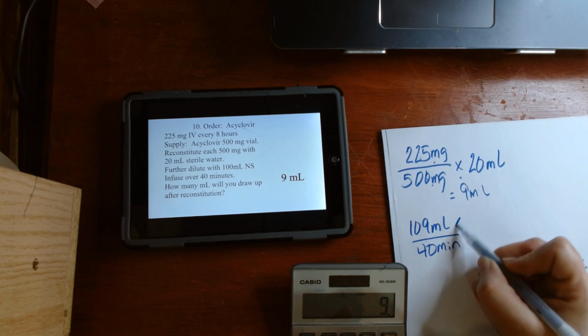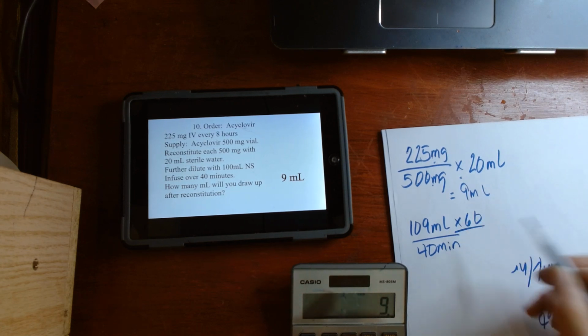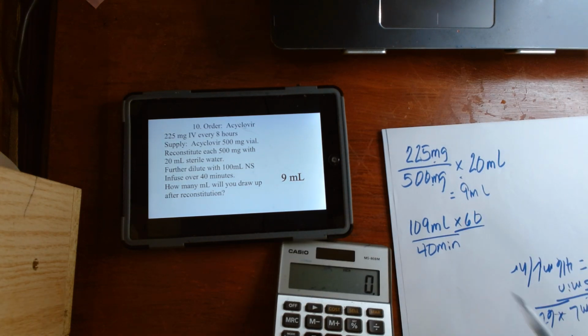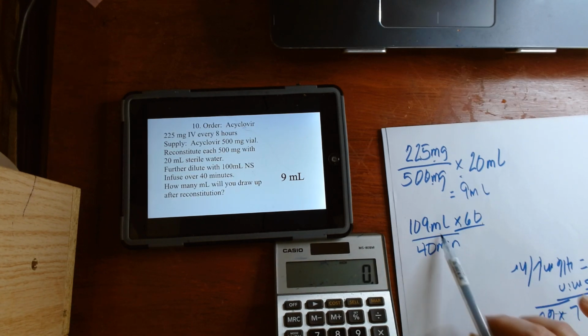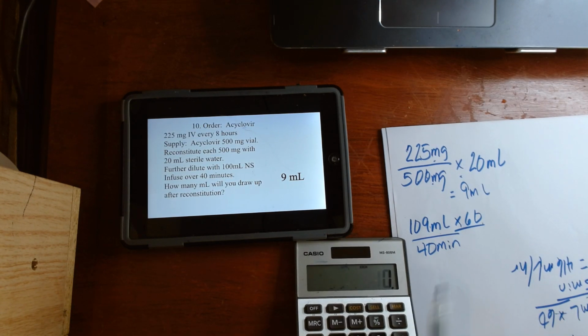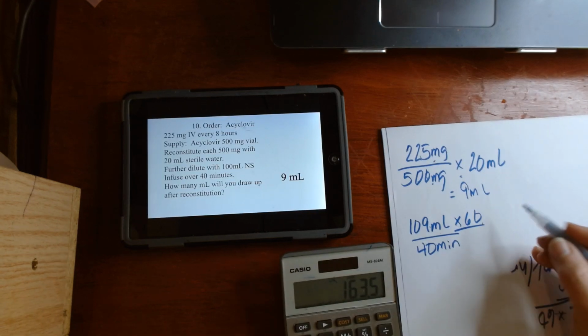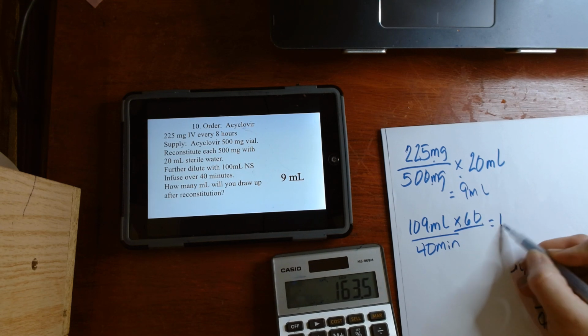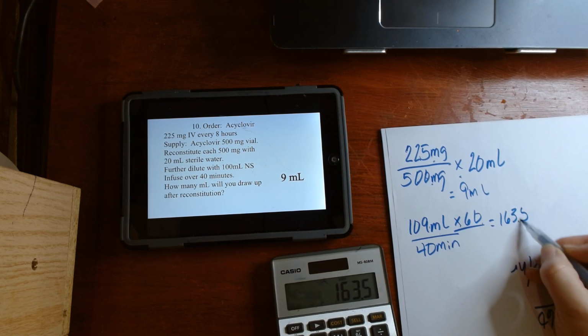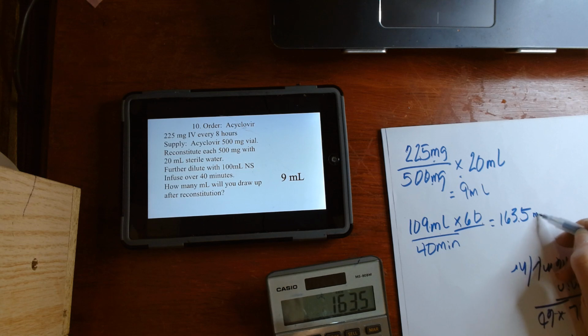So we're going to tell the problem, hey, Homer, we're dealing with a 60-minute, and then we're going to do the math. This times that divided by that. 109 times 60 equals, divided by 40 equals, and this will be 163.5 milliliters per hour.